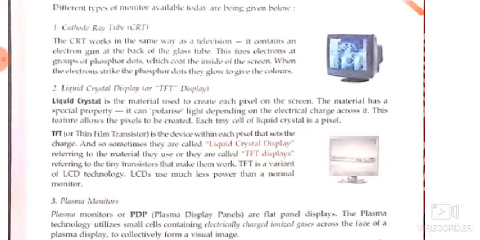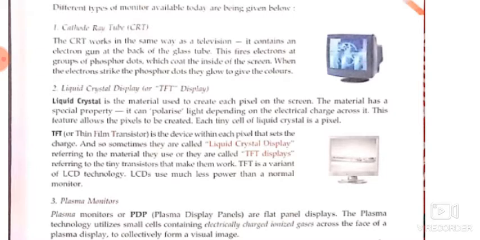Next, nowadays we can all see LCD monitors, and we are all using them too. LCD is liquid crystal display, also called TFT display. Liquid crystal is the name of a material used for creating pixels on the monitors.